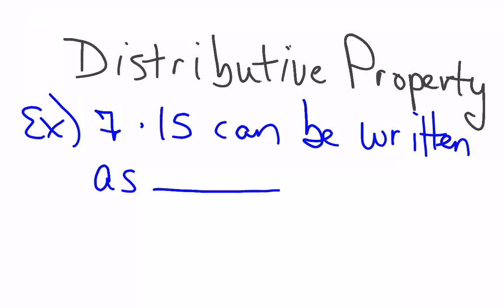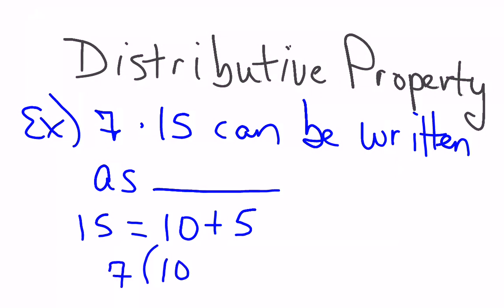And sometimes looking at it in a different way can help us do things a little bit faster. So if I look at 15, it's really 10 plus 5, right? So if 15 can be the same as 10 plus 5, then that's kind of how I'm going to rewrite it. So it's 7 times 15. It's really 7 times 10 plus 5.